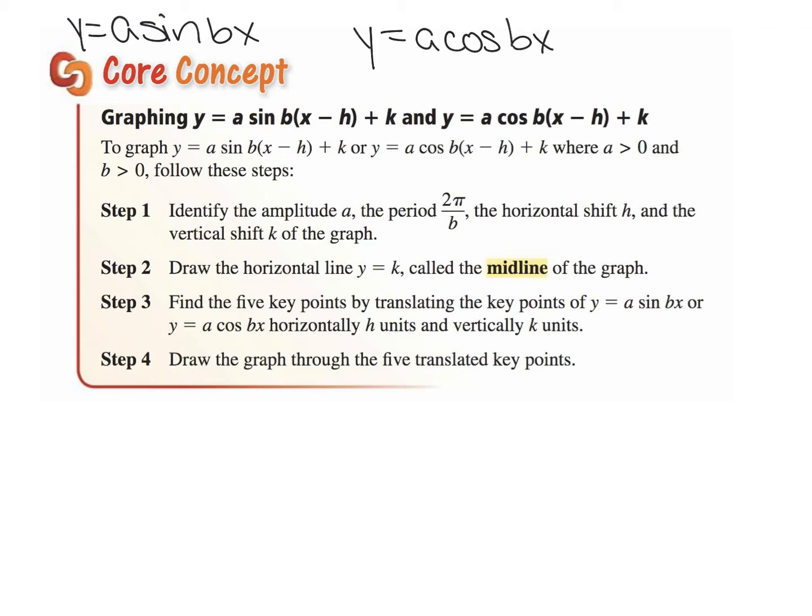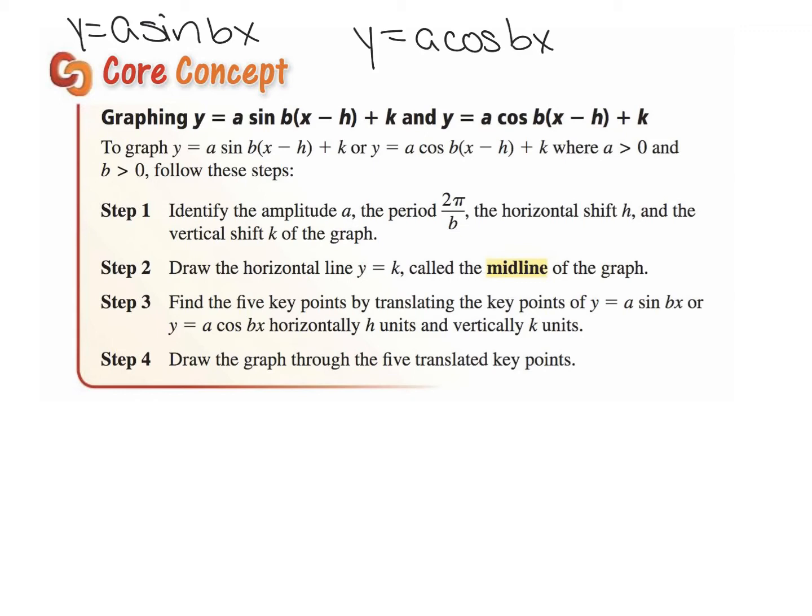We actually started off and pulled from the unit circle, created our tables, and then looked at the graph of sine and cosine, the parent functions, where a is 1 and b is 1, so it's just y equals sine x and y equals cosine x. And so now today we're going to add in those known horizontal and vertical shifts.